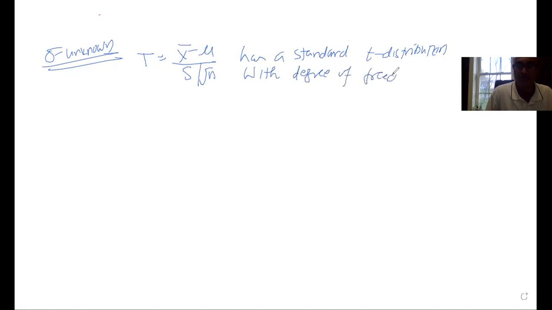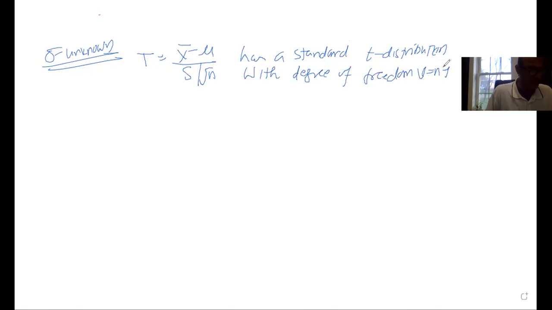We saw this in the last chapter: if we have a random sample from a normal distribution, then the random variable t has a standard t distribution with degree of freedom v equal to n minus 1.